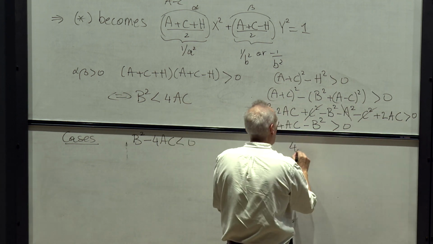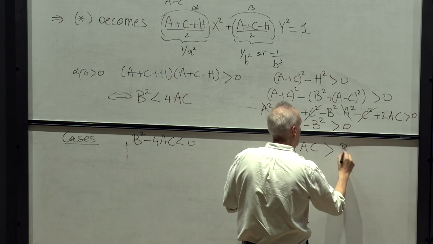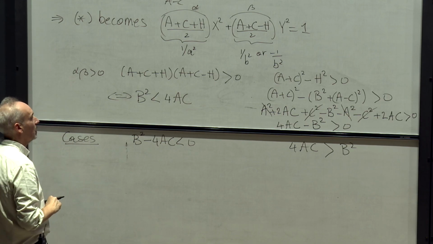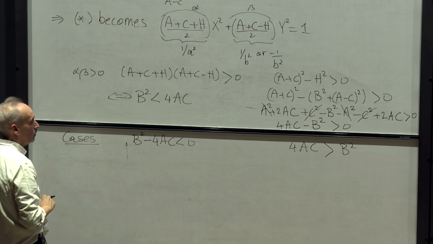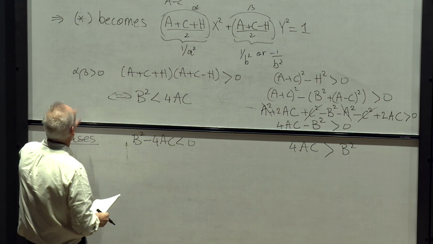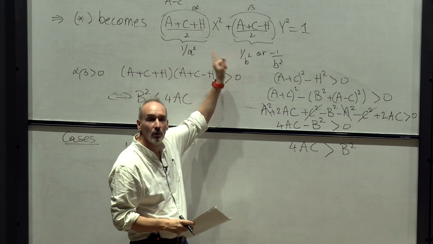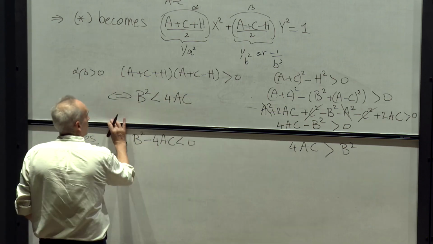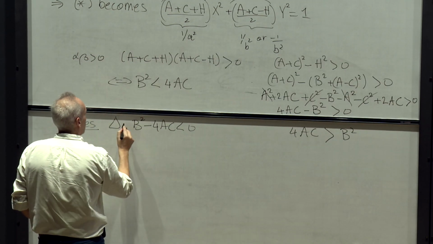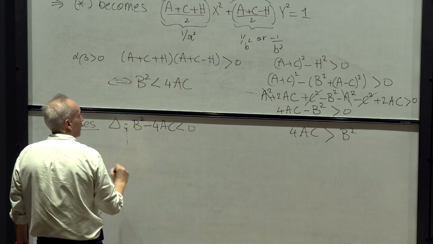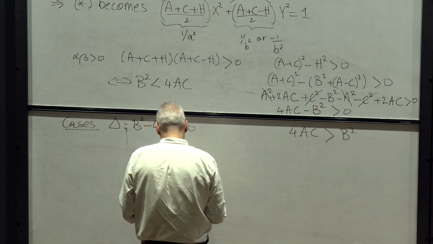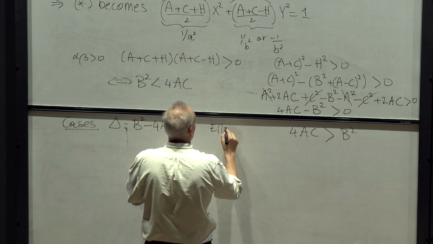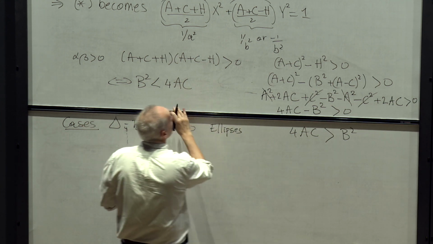So I have 4ac bigger than b square, or b square minus 4ac negative. Good. So that's the case where the product of the two coefficients is positive. So delta negative, and in which case I have either ellipsis or the empty set. Right.